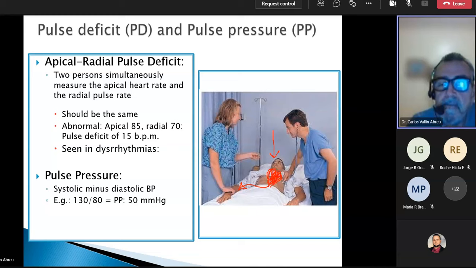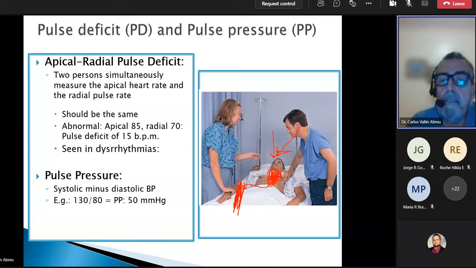But those beats that are inefficient to send blood to the radial artery could be heard by the gentleman. So the heart is going to do lub-dub, but there is not going to be a beat here in the radial artery. So now an apical radial deficit will appear.